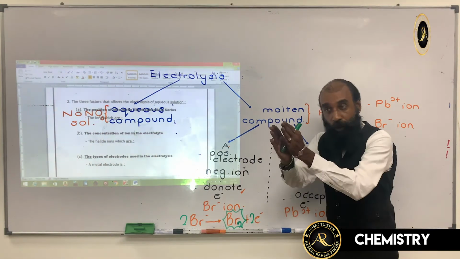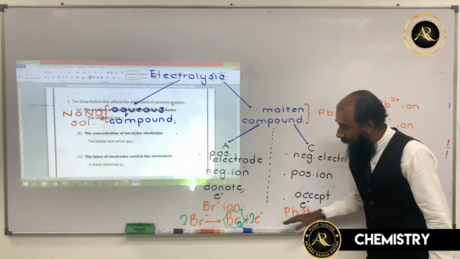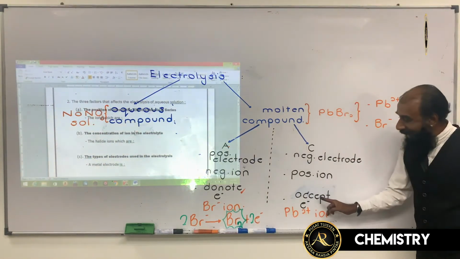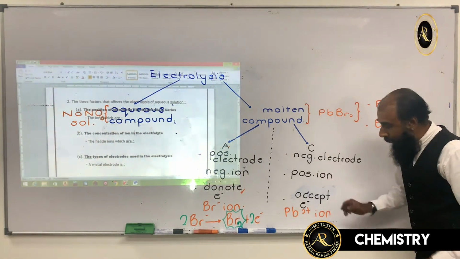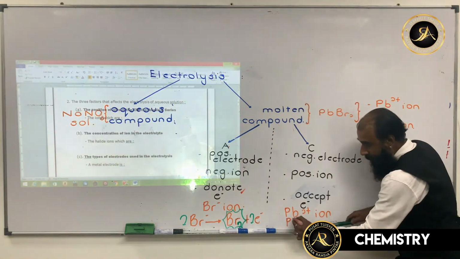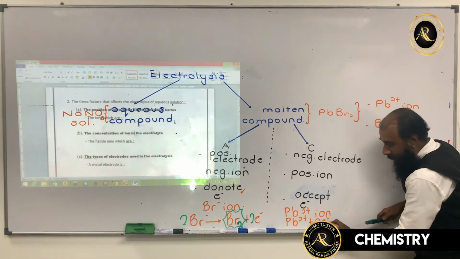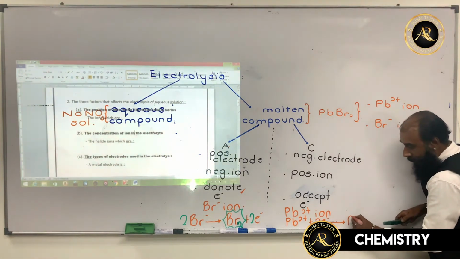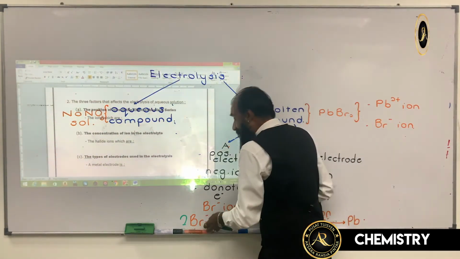The arrow goes in front. Alright, now we're going to look at the cathode. Cathode is a place of accepting electrons. Pb2+ ion, we call it lead(II), accepts electrons and is discharged as Pb, which is lead.